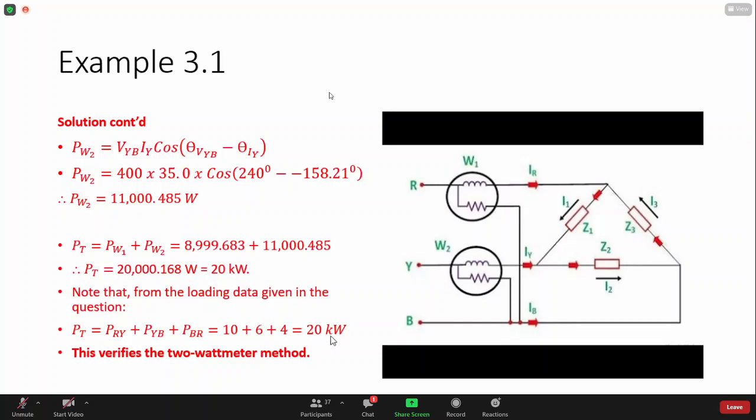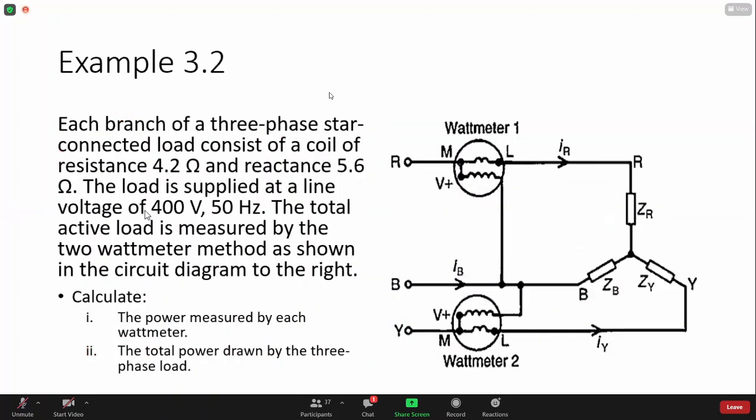So the two wattmeter method verifies what we know as the phase value of the load. So we can say that the two wattmeter method was able to determine the total power in a 3-phase unbalanced delta circuit.